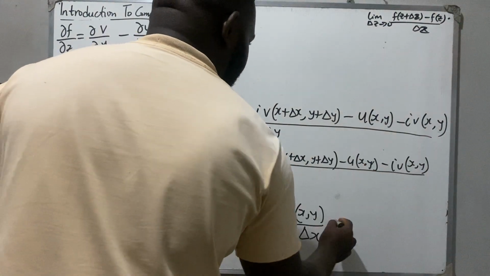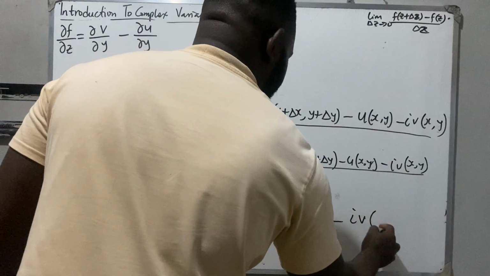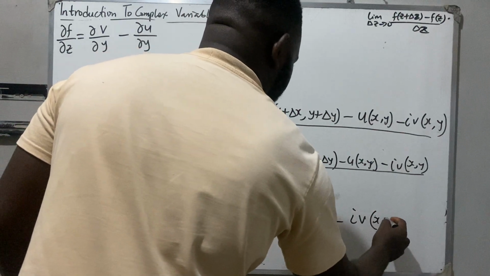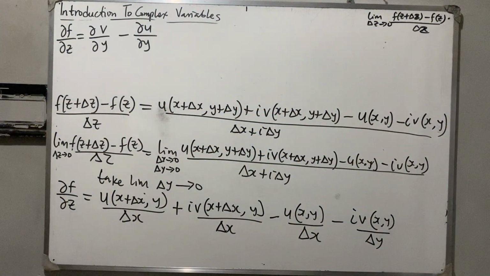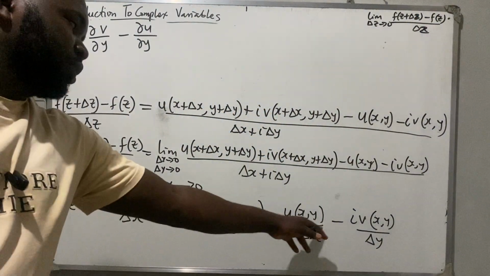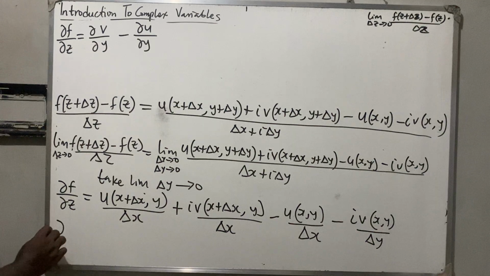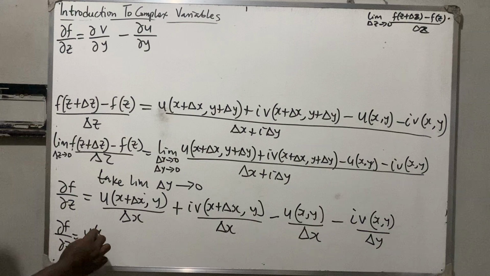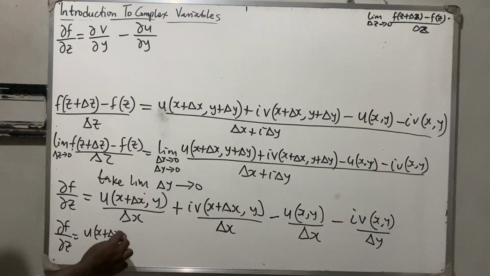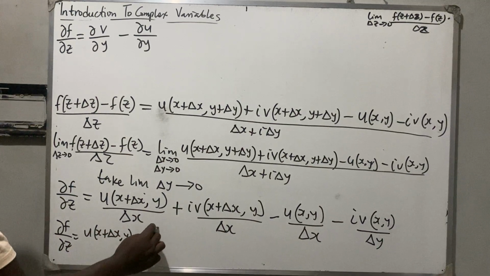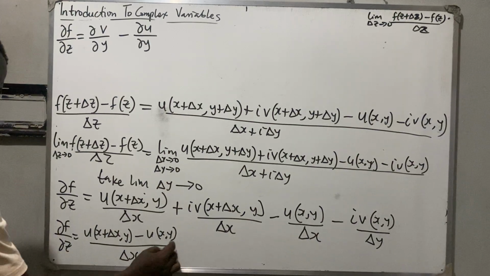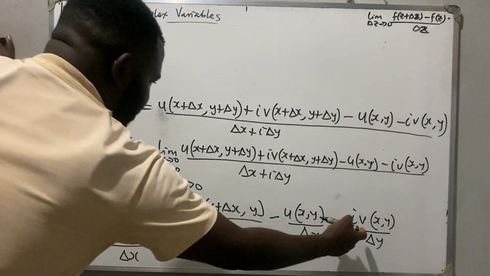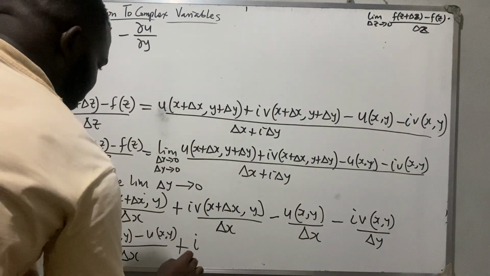So these last two terms will now be minus i v of x comma y over delta y. You will see that the u terms come together and they have the same denominator. So partial f over partial z will now be u of x plus delta x comma y minus u of x comma y all over delta x, plus, bring the v terms together.